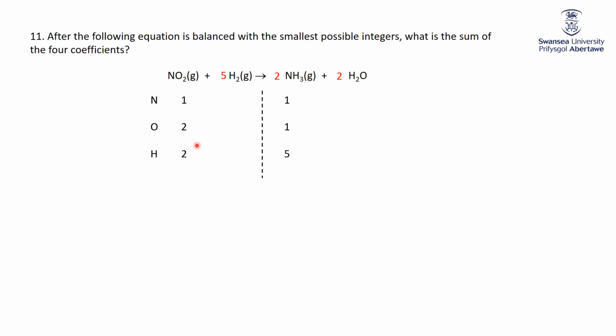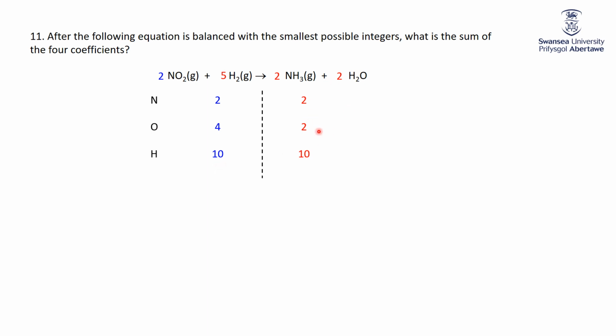So what we've done there is we've multiplied the 2 by 5 and 5 by 2. Recalculate everything, and now the only thing we've actually got to address now is the nitrogens. We need 1 more nitrogen on the left-hand side, so I'll put a 2 in front of that. But of course, we recalculate. 2, 4, 10.